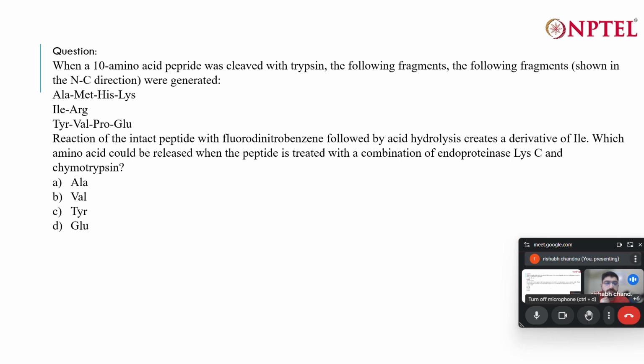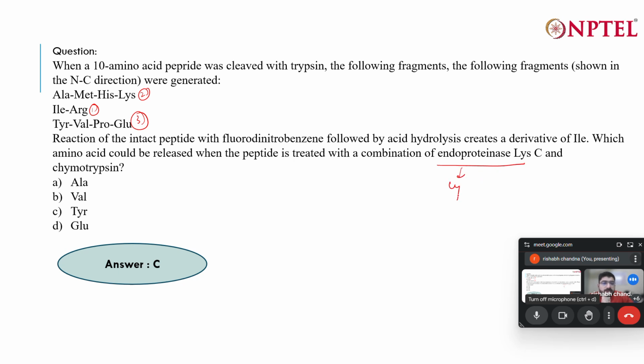Okay, so here the correct answer is option C, that is tyrosine. From the last question, the correct sequence would be: this is the first peptide, near to the N terminal, this is the second peptide, and this is the third peptide. When it reacts with endoproteinase Lys-C, that means it cleaves after the lysine residue, at the C terminal of the lysine residue.